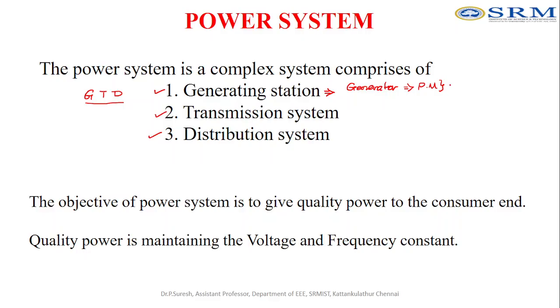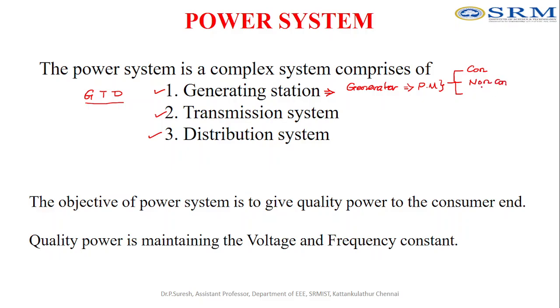For rotating the prime mover, we are in need of resources. Based on the resources available, we can use them to rotate the prime mover and generate the electrical power. If you take the resources, we have conventional energy resources and non-conventional energy resources.